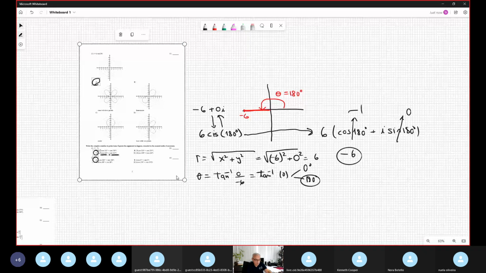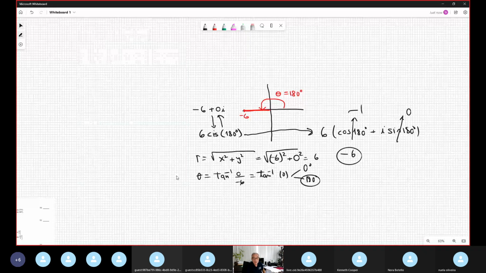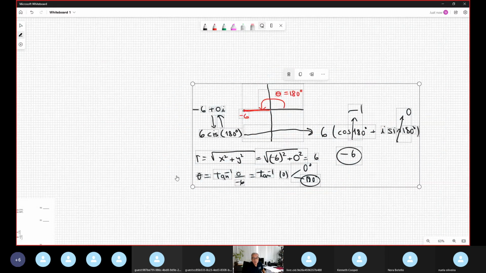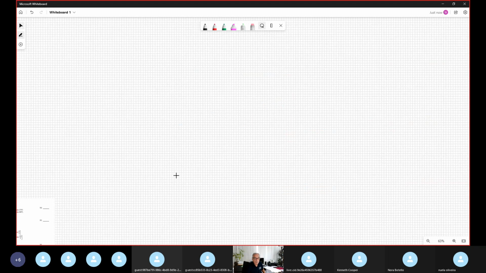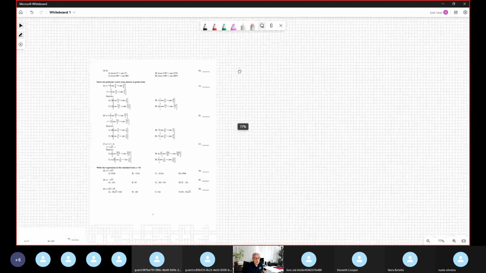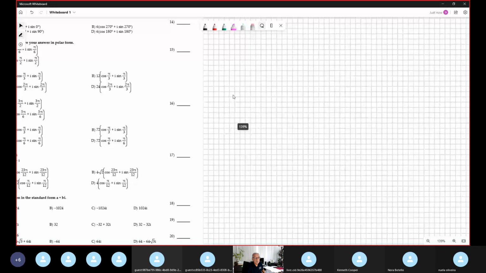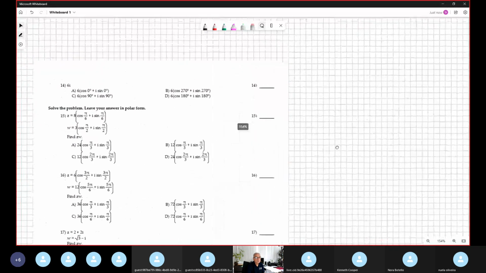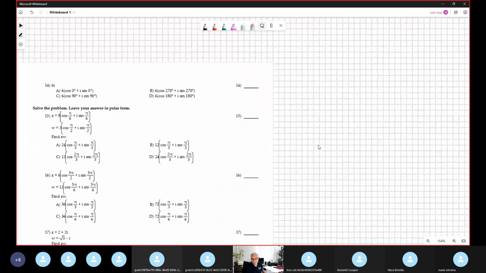Okay, now I did that page. Now 14. Well, 14 is similar. 14 is the complex number que es 6i.